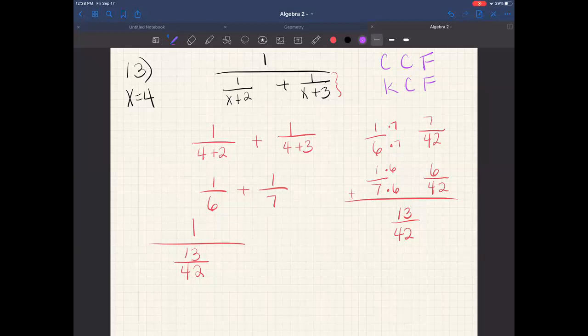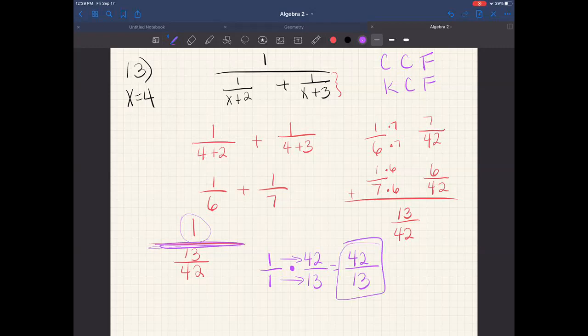Point is, I keep my first fraction, which remember, any whole number is a fraction over 1. I change my division, because remember, a fraction is really a division. I change my division to multiplication, and I flip my last fraction. Okay, then I just multiply across. 1 times 42 is just going to give me 42 over 13. So that's part 1 of this problem.